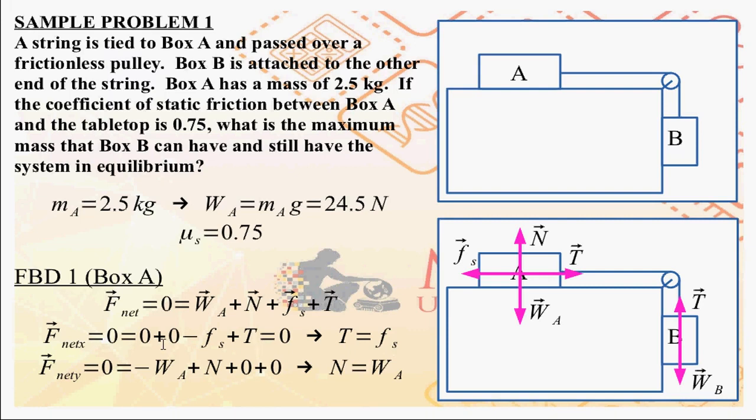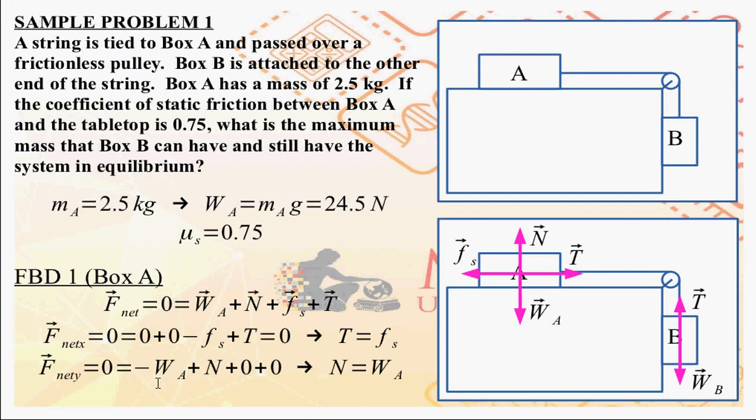Going now to the y component, you have Fnet y component, y component of 0 is still 0. Is equal to y component of weight. Weight is vertical, all of it is in the y component, heading in the negative y direction.